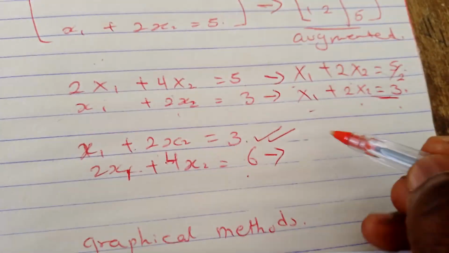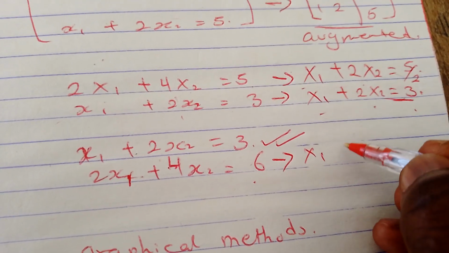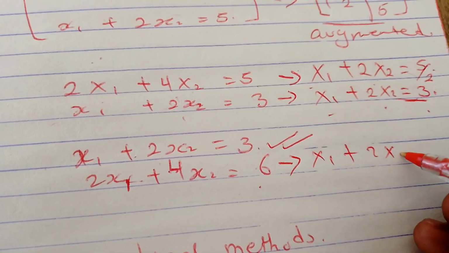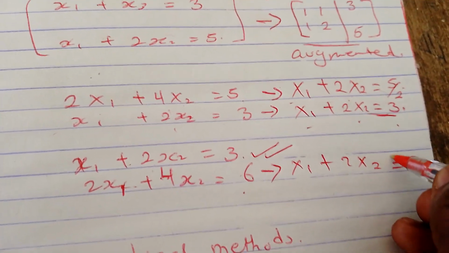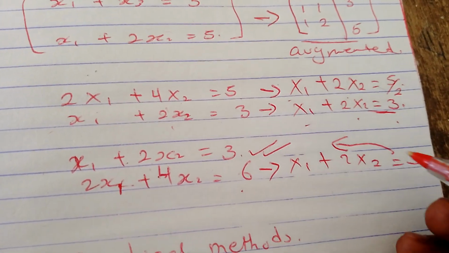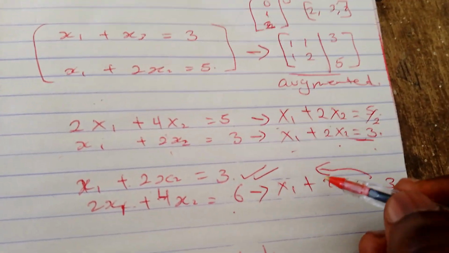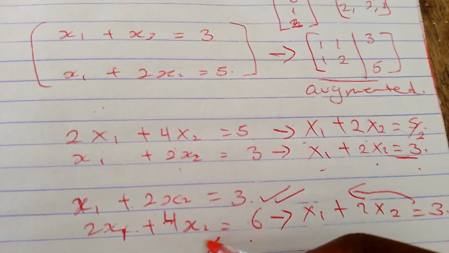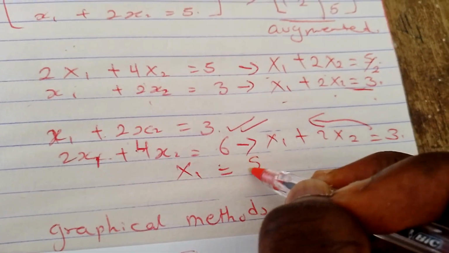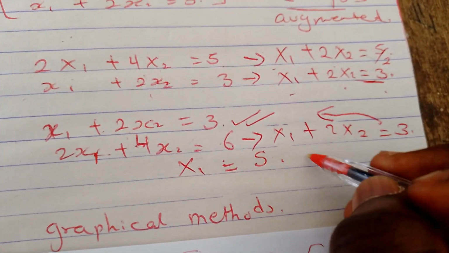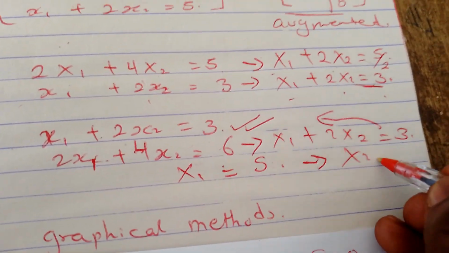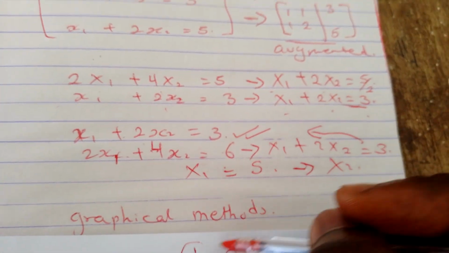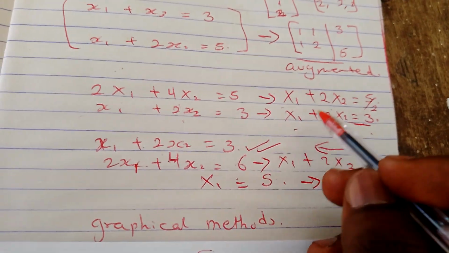If we divide through by 2, you realize that you land at exactly the same equation here. So they are not two equations, they are just the same equation. So it has infinitely many solutions, because for any value of x1, let's say if I take x1 to be s, I'll always get a corresponding x2, right? So we say they have infinitely many solutions.